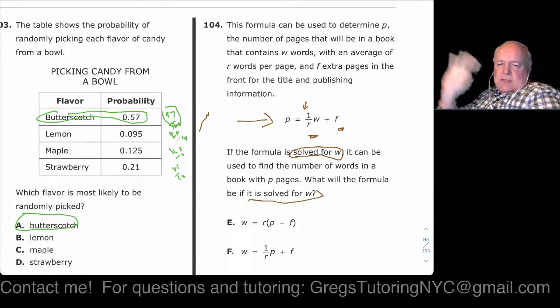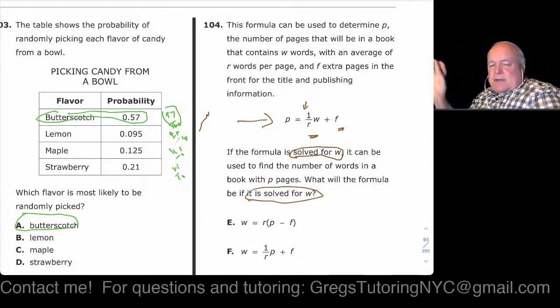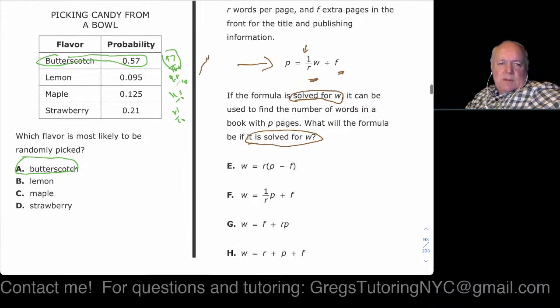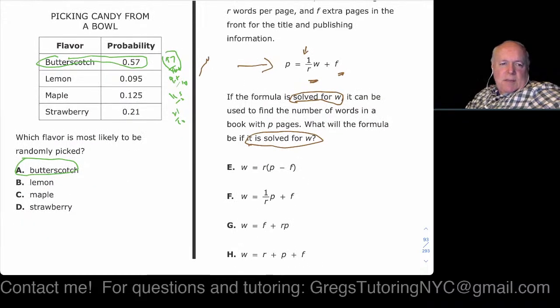So everything else here is kind of irrelevant unless you're the person who's actually computing these pages. But as basically a test taker, kind of the storyline is fine. It's cool. It's awesome. But it's not what we're trying to solve here. So these are the choices. Let me change the color of the pen because I already did some stuff there. Let's make it dark green.